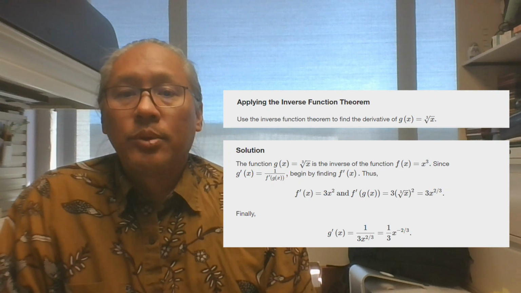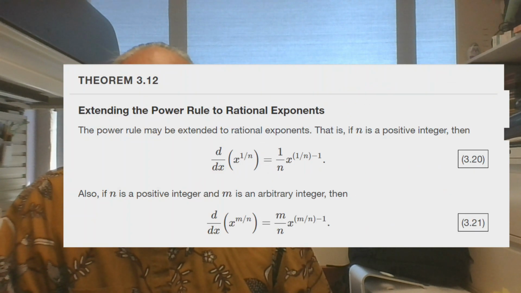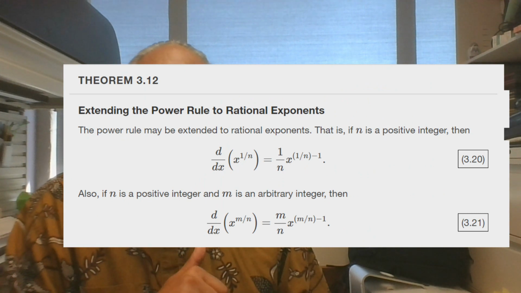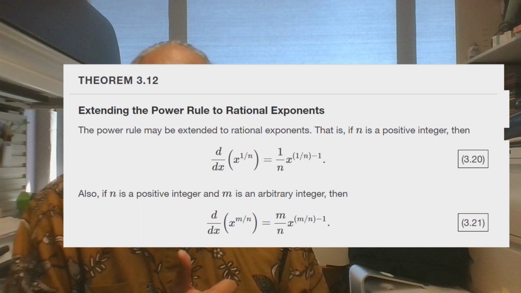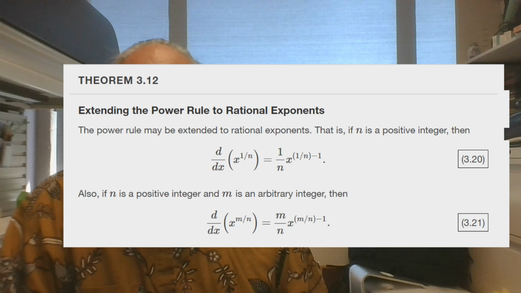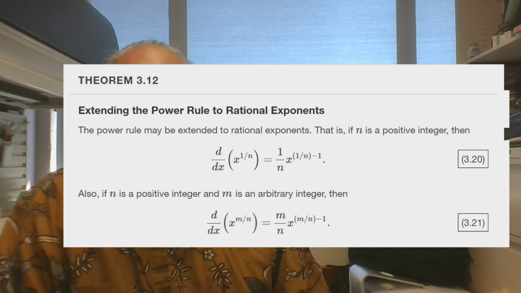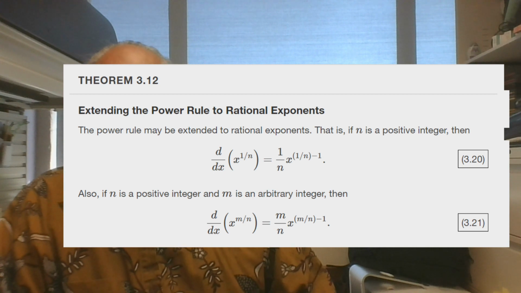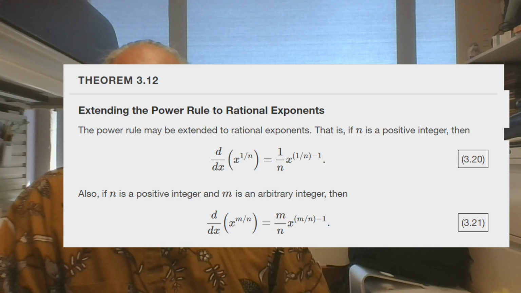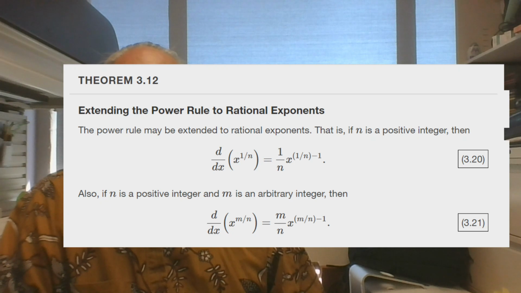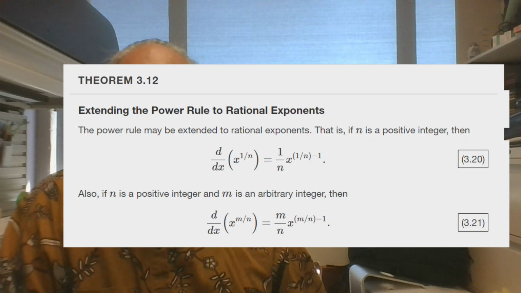And this is where we get to establish our power rule for rational exponents. Remember, we've had power rules for positive integers, and then we saw the power rule for negative integers as well. Now we're extending the power rule to cover rational exponents. Rational exponents are either 1 over n, like 1/3, or in general m over n, like x to the 5/6, for example.